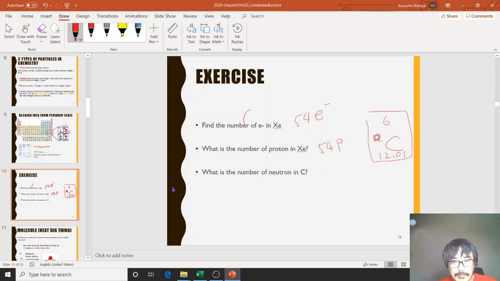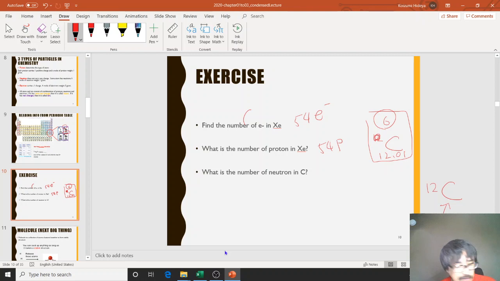If I write these things in the normal format, it's something like this. As soon as I write the letter C right here, then I have 6 protons, right? That comes from that number right here. And then how many neutrons do I have?